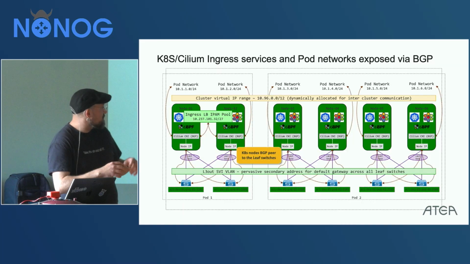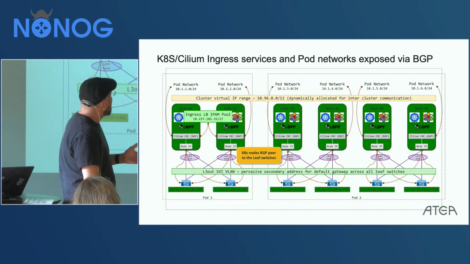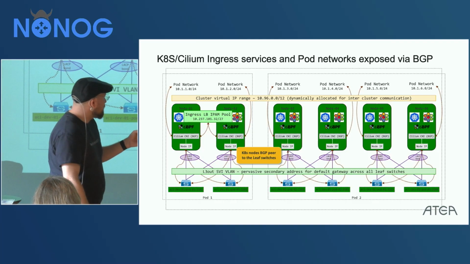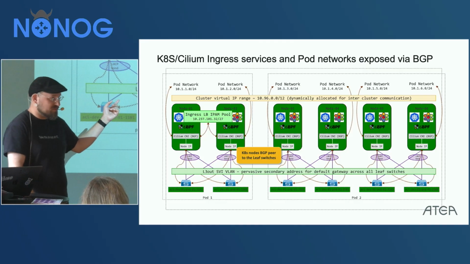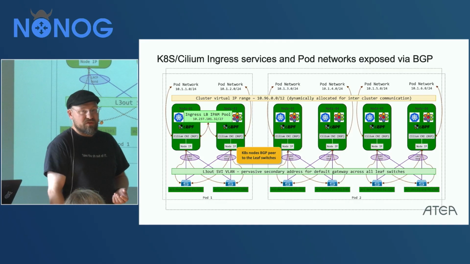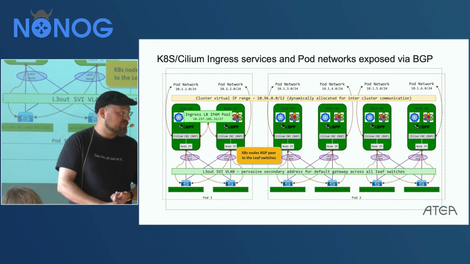But that's not all. I will get back to the load balancing, but you can also run everything with BGP. So you can peer down to your leaf switches.